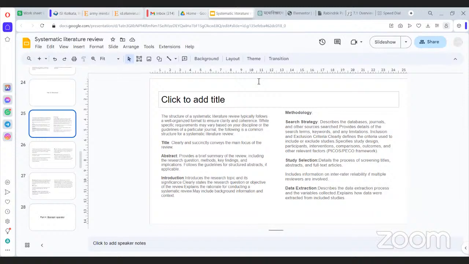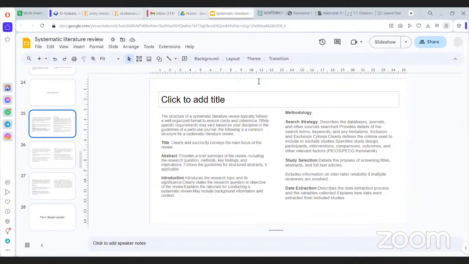Okay, now stop. In the case of a systematic review of literature, the research question is very, very important. So in the abstract, you have to write down, this is my research question, and I have studied these journals.